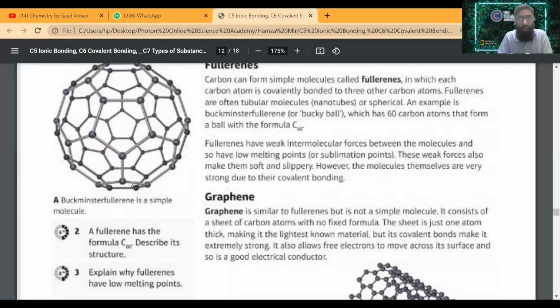Explain why fullerene has a low melting point. The next question is, explain why fullerene has a low melting point. Let me find the proper wording. The concept of a low melting point is that when there is a weak force of attraction, that thing has a low melting point.